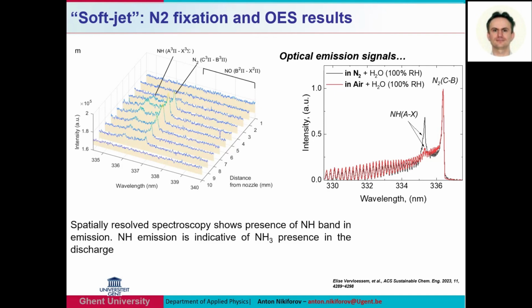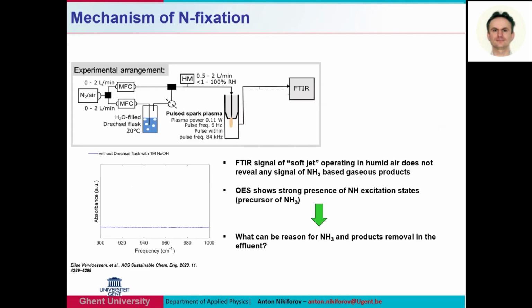This is a spectrum of the discharge at different distances from the nozzle of the plasma, and we see this peak, which is representative of NH radicals, and those are formed only if there is ammonia in the discharge. So ammonia dissociated to produce NH radicals, and they give emission. So if we see the emission, there must be ammonia which is formed, but we don't see it in the FTIR spectrum. So this is the spectrum we observe in the FTIR spectrometer: nothing. But with emission spectra, we see the presence of NH radicals.